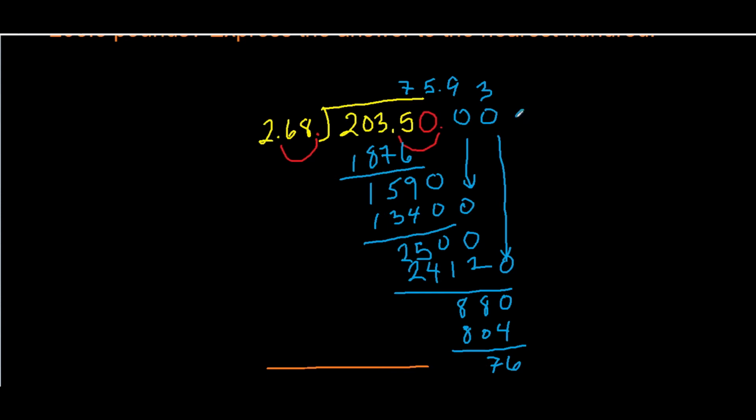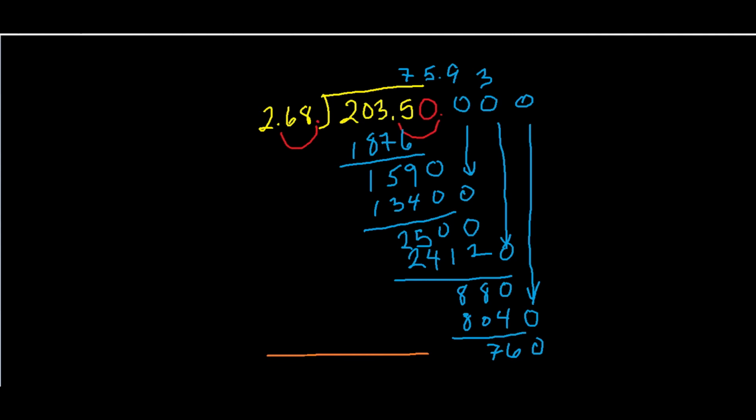There's going to be another 0. We'll drop all the way down to here. And 760. And it's going to go in there. I don't think it'll make, it might make 3 times. Maybe 2. It doesn't really matter because we're going to round to the nearest hundredth. So if 268 and 268 will give us a little bit more room at the bottom.